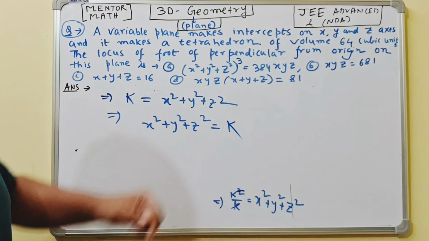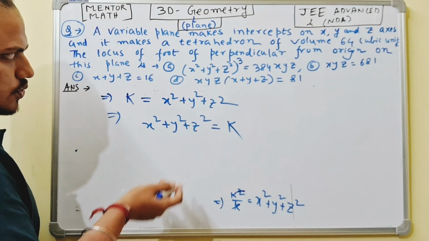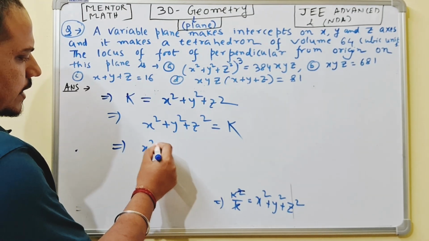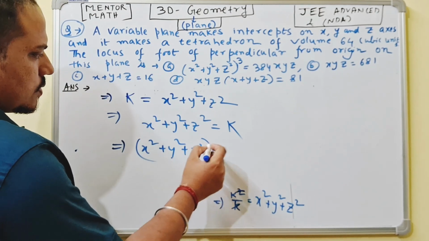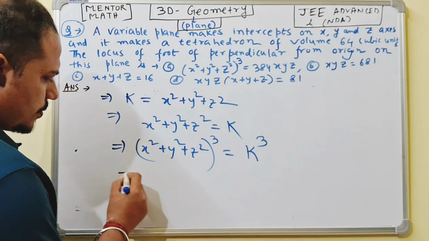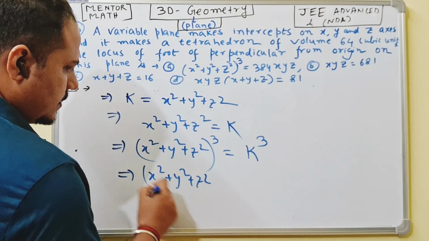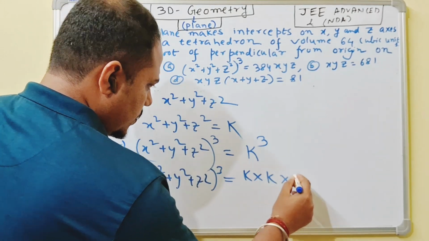Now look at the options. The first option is given as x square plus y square plus z square whole cube. So if I take both sides whole cube, you get x square plus y square plus z square whole cube is equal to k cube. Now k cube you can represent as k into k into k.